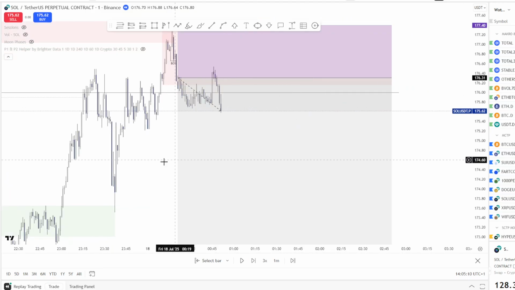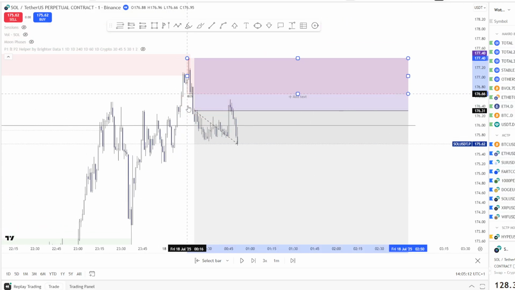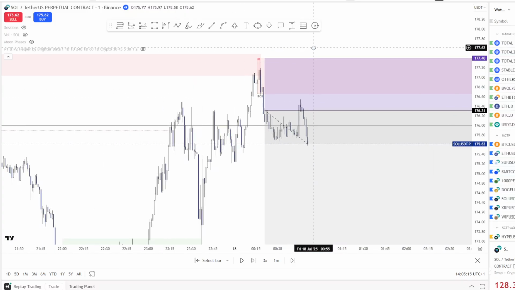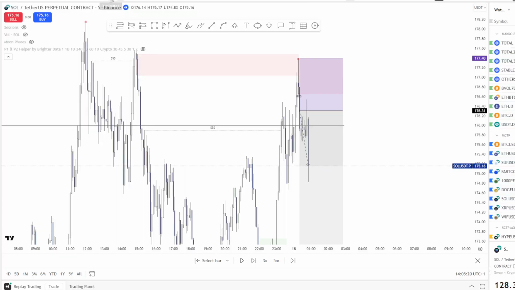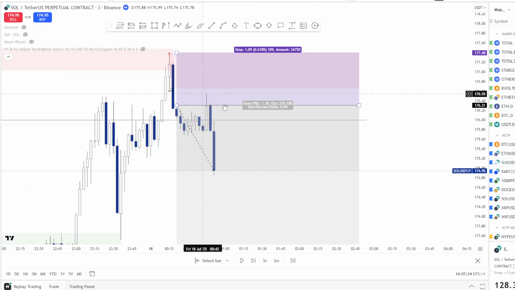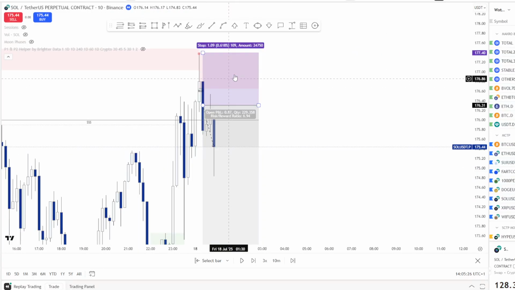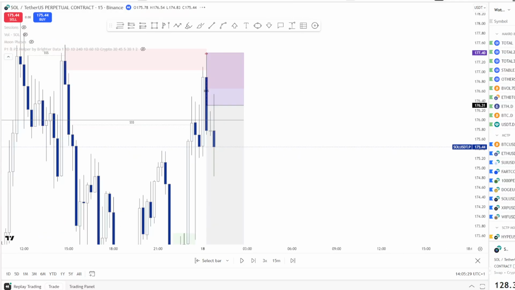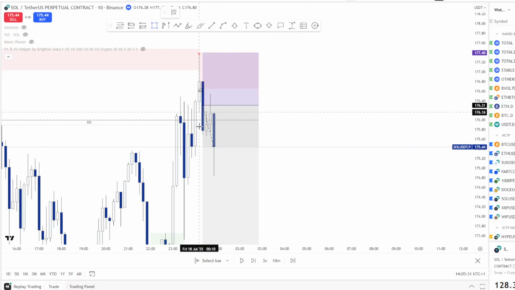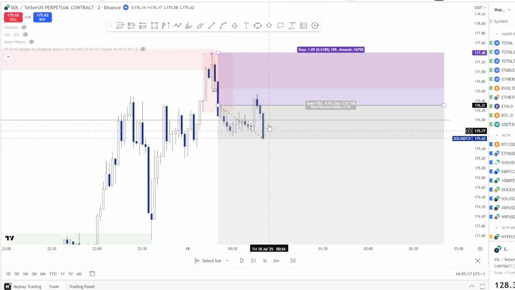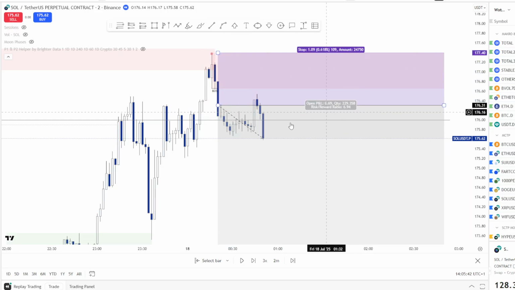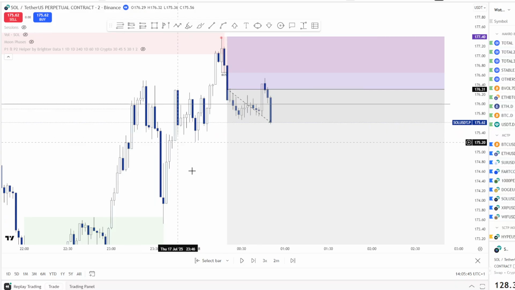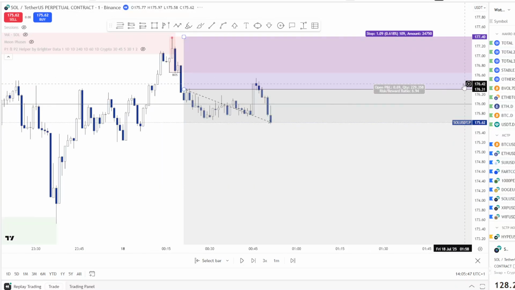Yeah, so we had some supply here, and I think this whole thing was 3 minutes, and I think it was 10 minutes here, but it got mitigated on the next candle, I think. Yeah, so nothing I would put on a chart for now. Let's see what price wants to do.